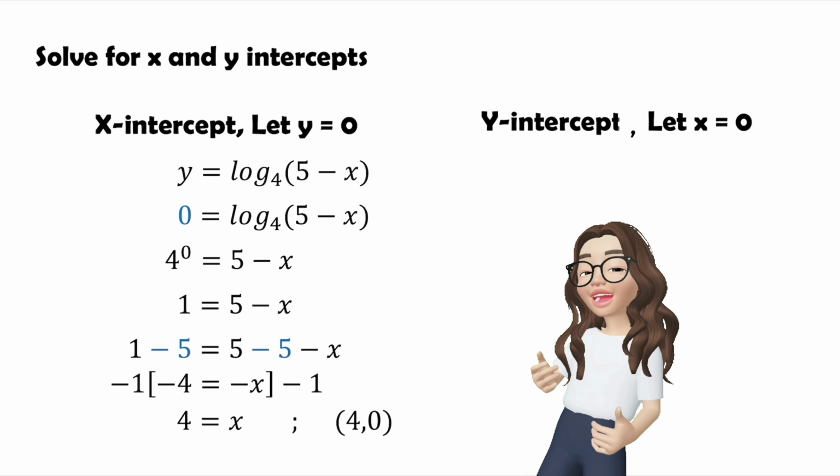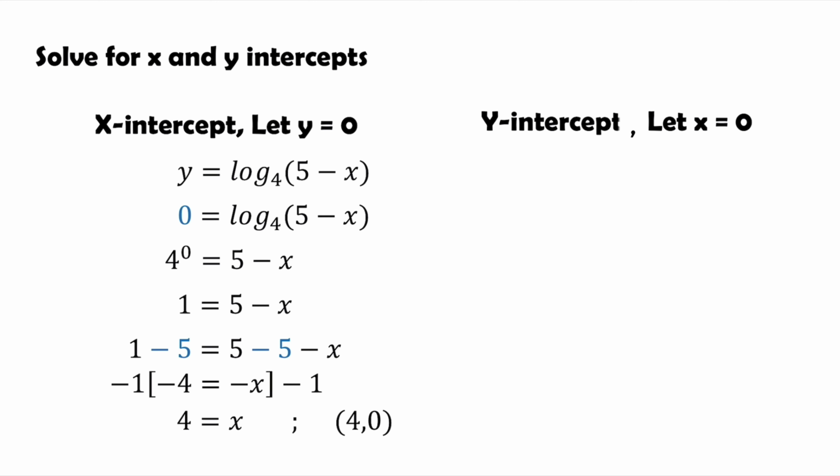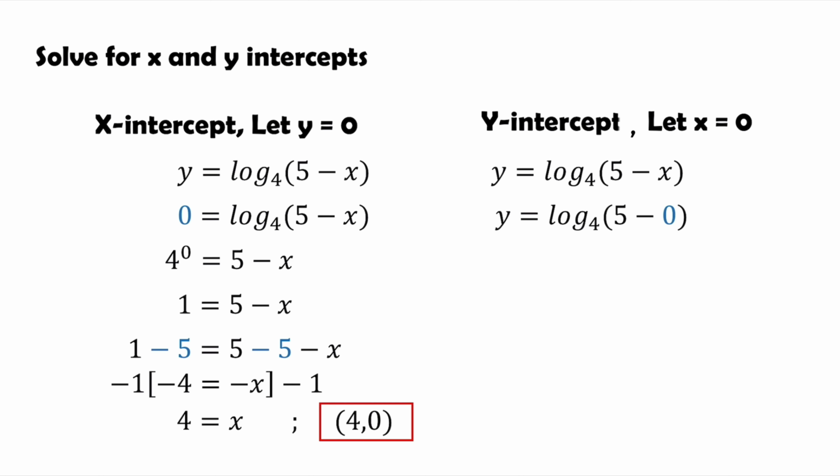Let's proceed to y-intercept. Let's have the given y is equal to the logarithm of 5 minus x with the base 4. Substitute 0 to x, we will have y is equal to the logarithm of 5 minus 0 with the base 4. Then simplify, we will have y is equal to the logarithm of 5 with the base 4.